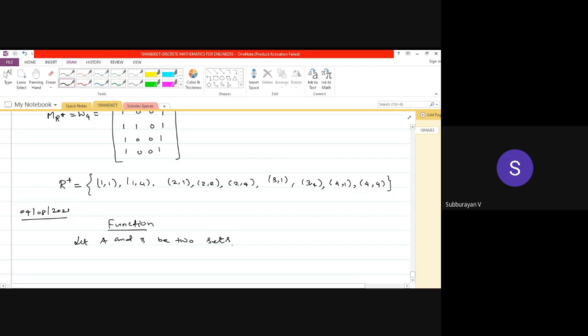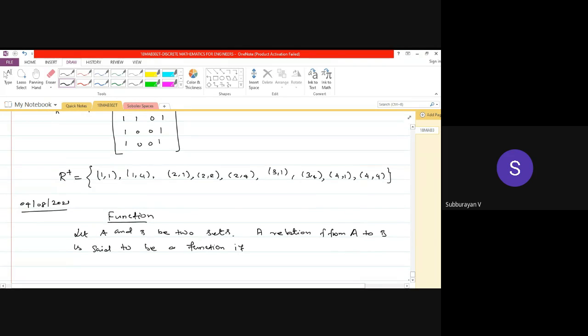Let A and B be two sets. A relation f from A to B is said to be a function if the following conditions hold.